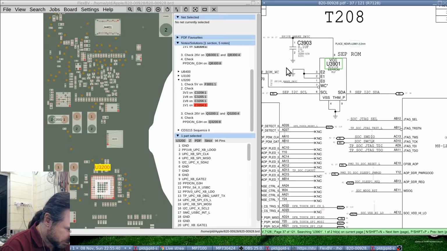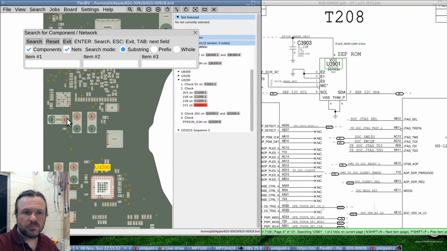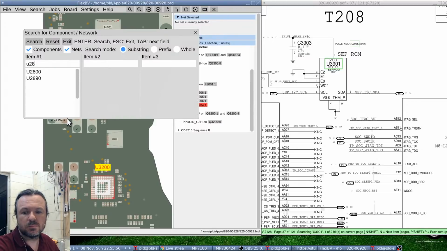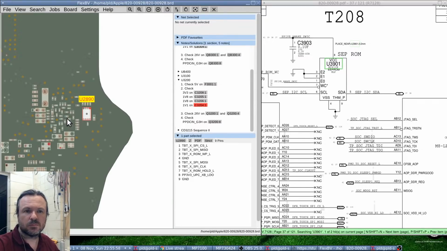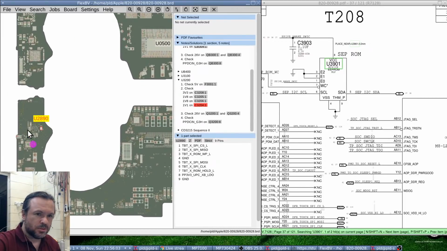Okay, I was going to say, it doesn't seem like I got the right ROM chip, and there you go. You showed up just in time. So it'll probably be $28.90, which is naturally on the other side of the board.